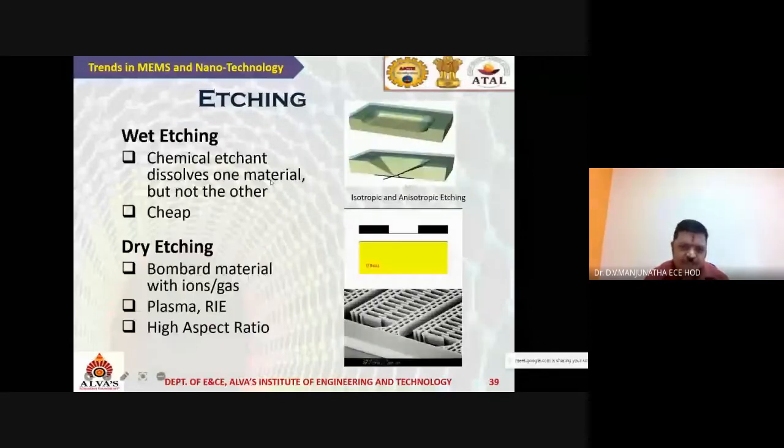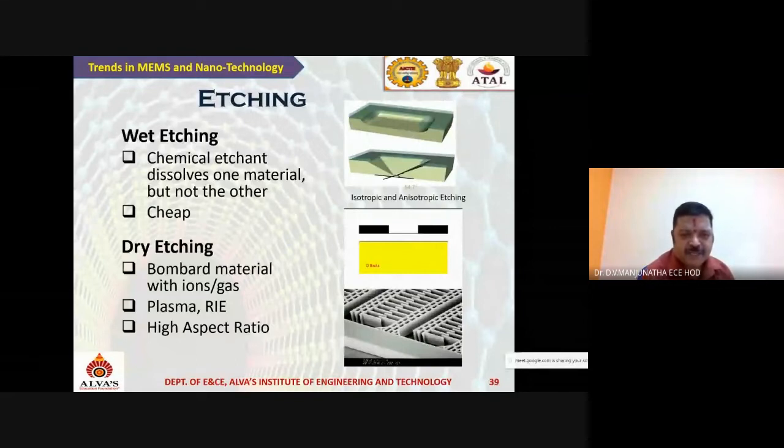Okay, etching. What are the different types of etching? Etching means removal of unwanted material from the substrate, right? That can be done using two methods: wet etching and dry etching. In wet etching, the chemical etchant dissolves one material but not the other material. So this concept has been taken, and the substrates are immersed in an etchant.